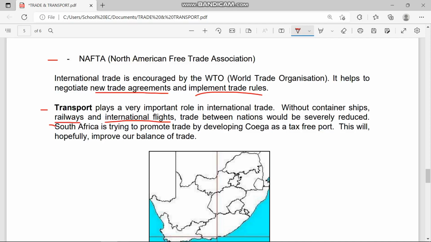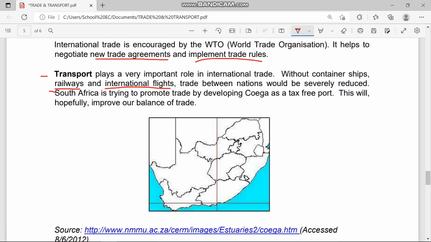You can find Coega as you can see in this map. This is the location of Coega, in the Eastern Cape near Port Elizabeth, which, as you can see, is so close to water. So you can transport goods and services from the ocean, from ship transport, to this place, which is an industrial development zone, and then transport them using routes around the country from this particular port.